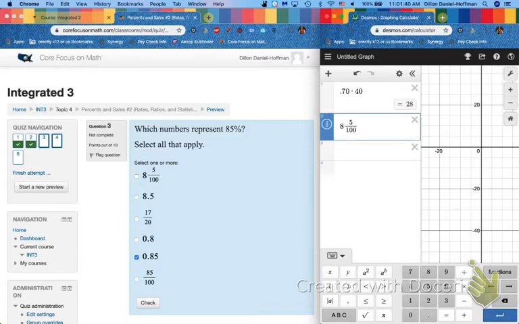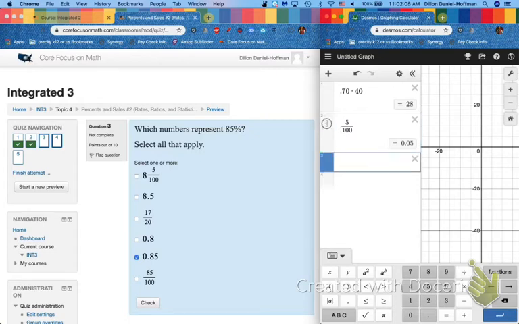Well, that ends up being 8. Maybe you have to do it separately. 8 and 5/100ths. So 5/100ths is 0.05, or 5/100ths written as a decimal. And 8 in front of that would be 8.05, which is not the same thing. 8.5 is obviously not 0.85.